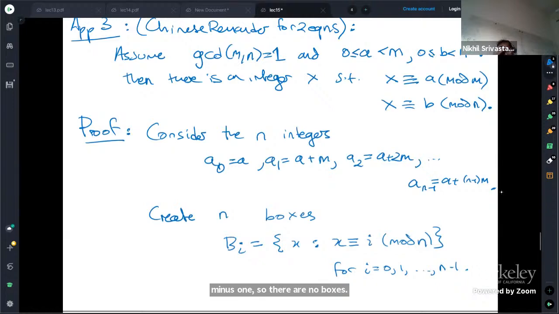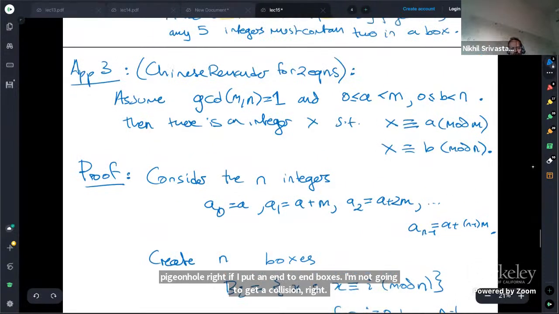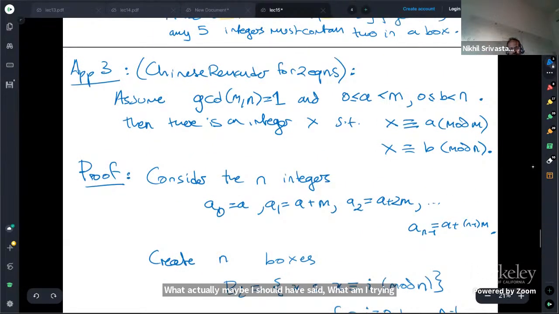Okay, so this is not such a great situation for applying pigeonhole, right? If I put n integers into n boxes, I'm not going to get a collision. But actually, maybe I should have said what I am trying to do. I'm trying to find an integer which is congruent to a mod m and congruent to b mod n.